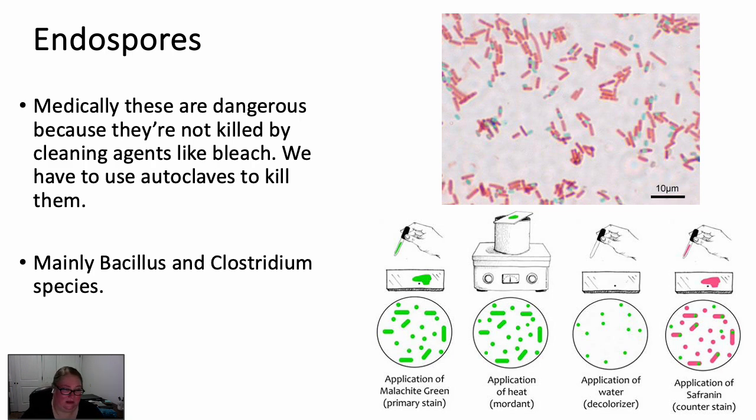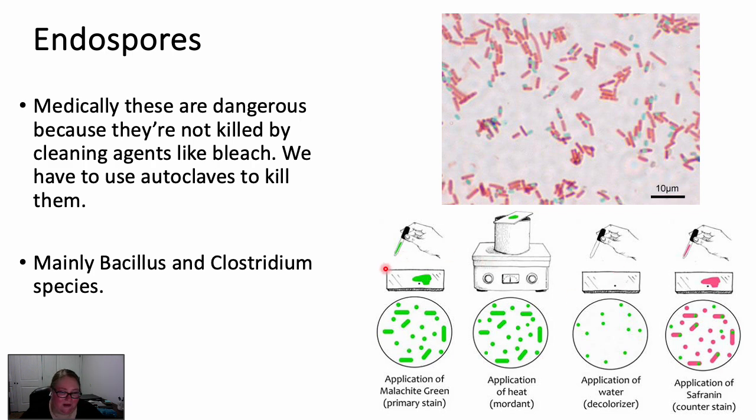We talked about Clostridium botulinum, the bacteria that was in the can that made those 2 kids in Oklahoma sick. Clostridium botulinum is going to release the botulism toxin, and then it just goes all downhill from there. But mainly, the only bacterial species that can form endospores are the Bacillus and Clostridium species. Not many others can.